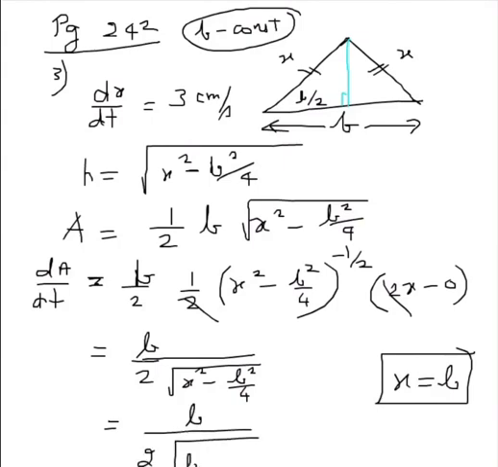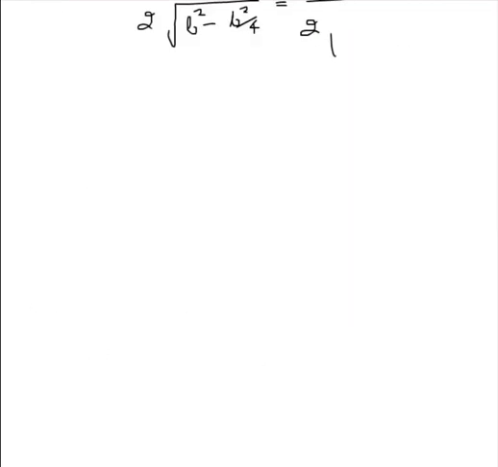So it becomes b square minus b square over 4, which is b by 2 times, take LCM, so it is 4b square minus b square. This 2 and root 4, which is 2, will get cancelled. So it is b by root 3b.